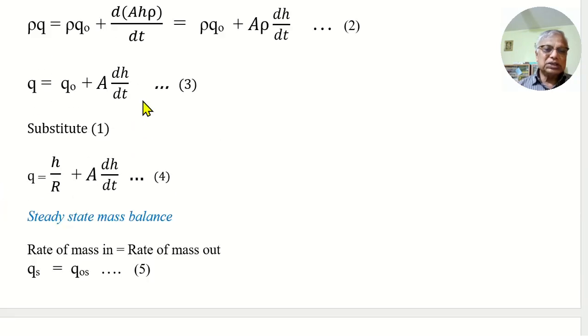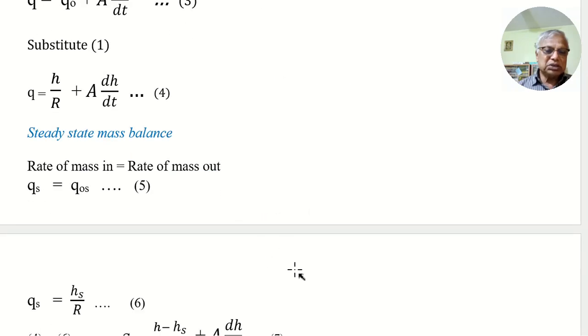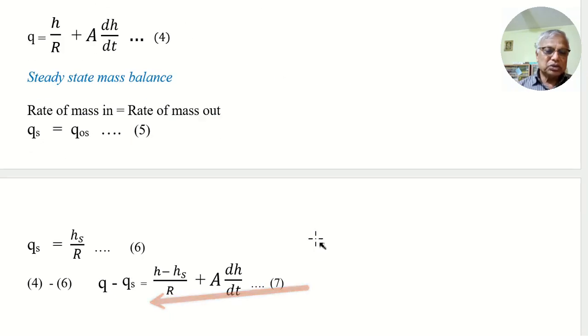Now you have an unsteady state equation, equation number 4, and a steady state equation, equation number 6. So subtract these two equations, 4 minus 6. That is going to give you Q minus Qs on the left hand side, and on the right hand side, H minus Hs by R, and A dH by dt. Now this is Q minus Qs, this is H minus Hs.